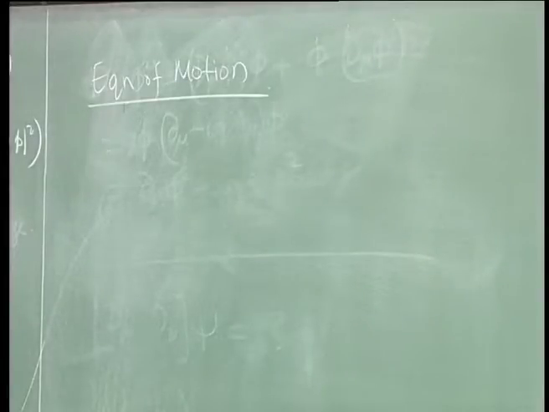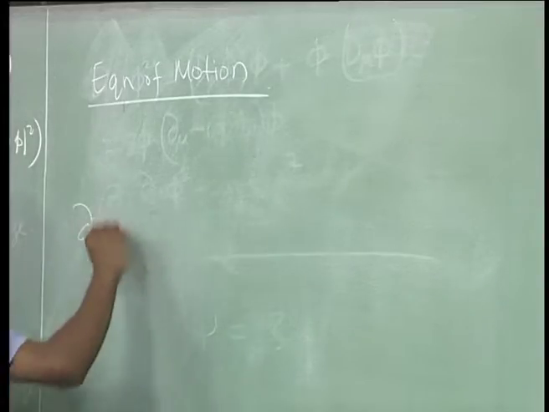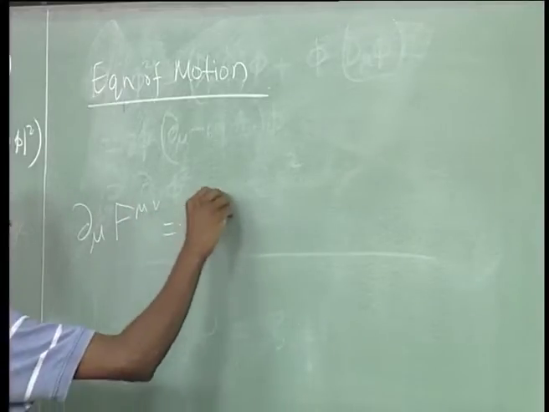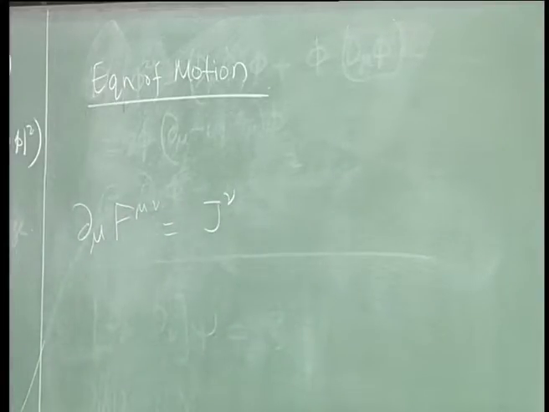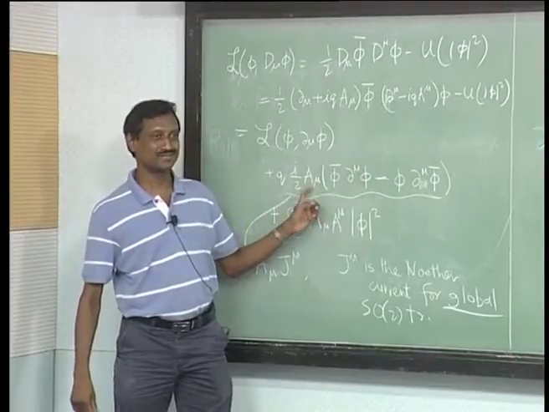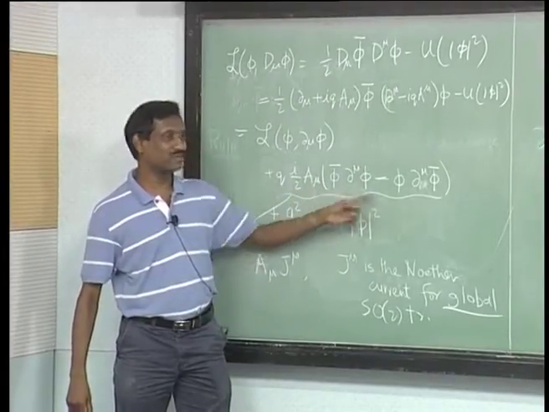By the way, when we wrote Maxwell's equations, we wrote the equations of motion as something like this: D mu f mu nu equals, up to factors which are not so important, j nu. In fact, if you write out the analogous Maxwell's equations for the gauge field, you will get exactly that, because it is the first variation, it is coupled to j mu.